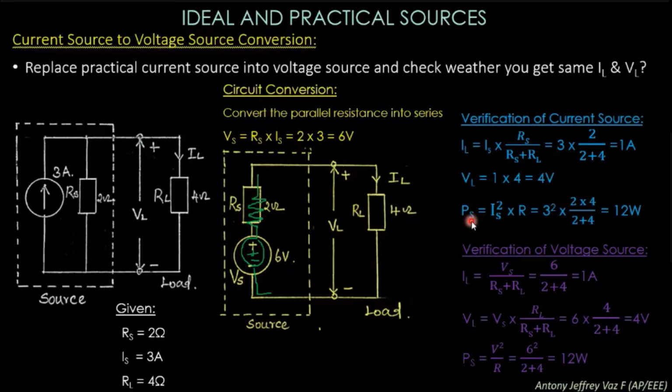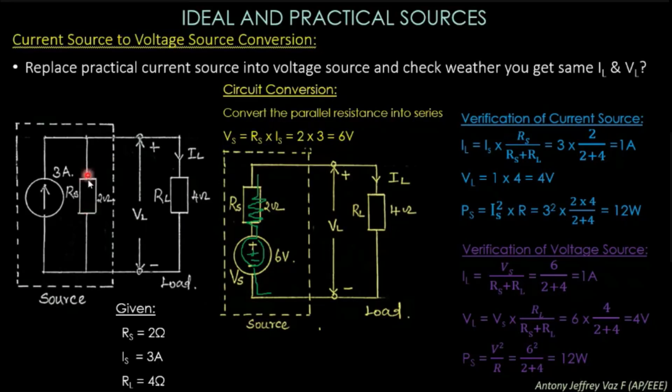Next, we are going to find the power across the source resistance, whereas power is equal to PS. PS is equal to I square into R. Here the I represents the source current, that is 3 amperes. So 3 square into R. Here the R represents the effective resistance across these things.